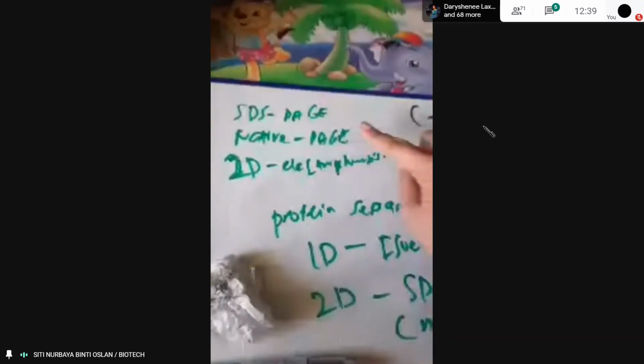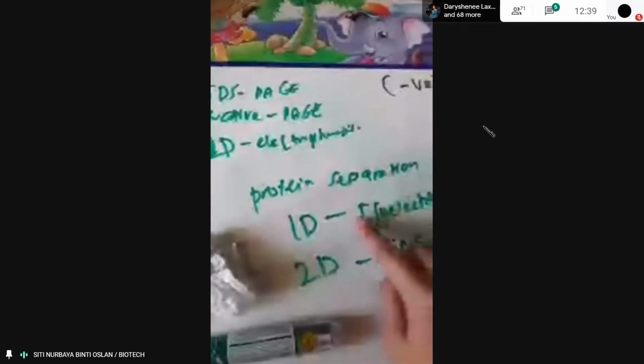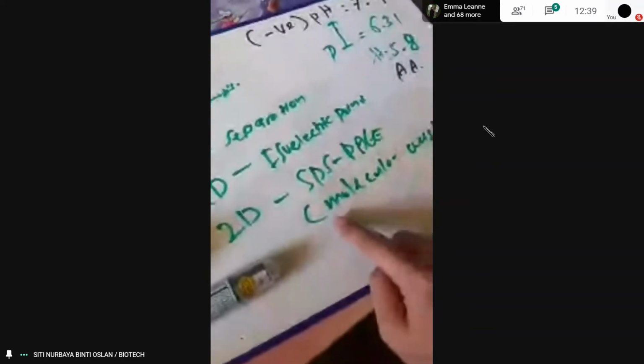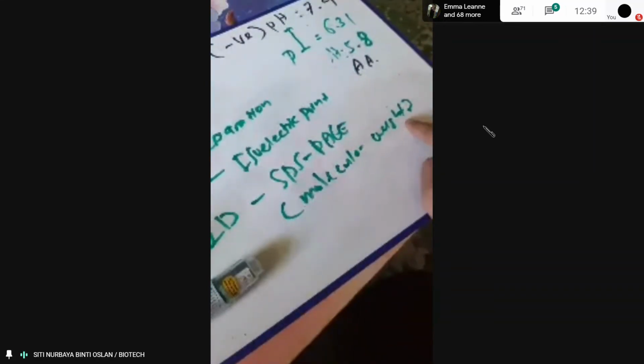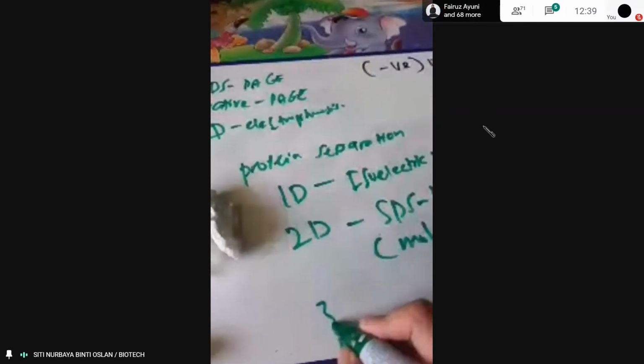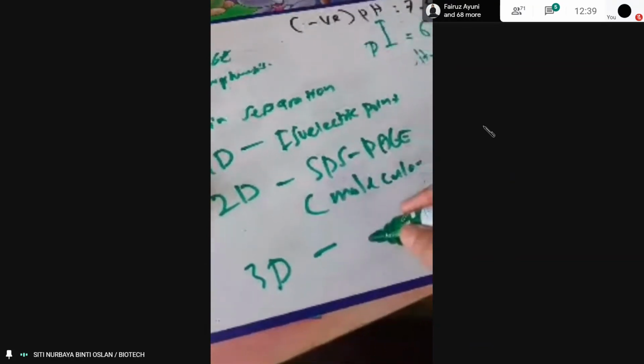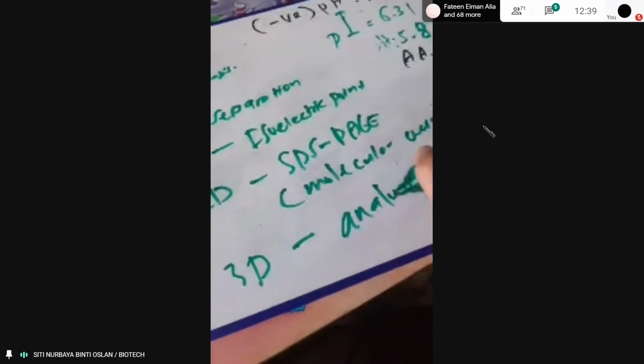Okay, so if you have used 1D, which is the isoelectric point, the second D involves SDS-PAGE, which is separation based on molecular weight. And then basically 2D is not going to end there. We have a third D, which is the analysis of the spot.